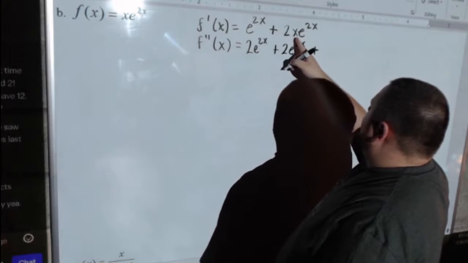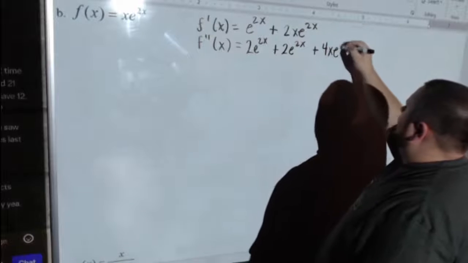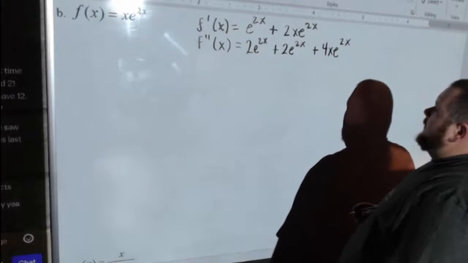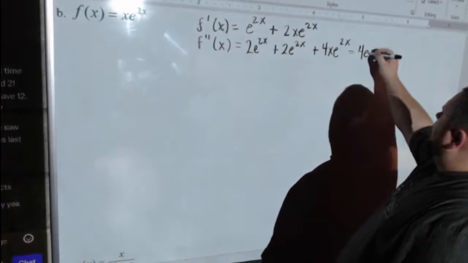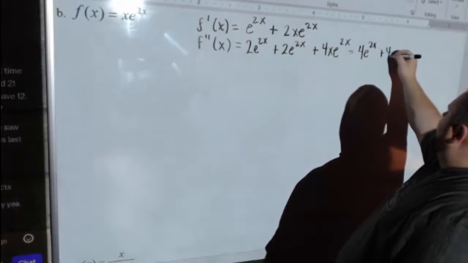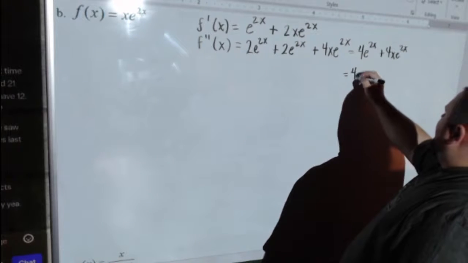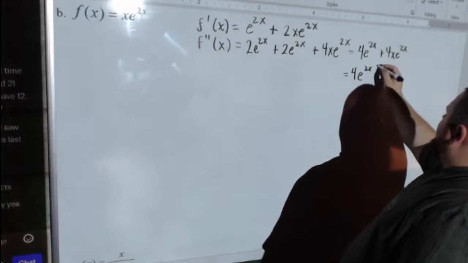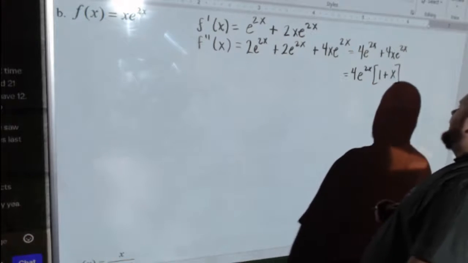And the derivative of e to the 2x brings another 2 down. If we simplify, that's 4e to the 2x plus 4x e to the 2x, which you could really write as 4e to the 2x times (1 plus x).